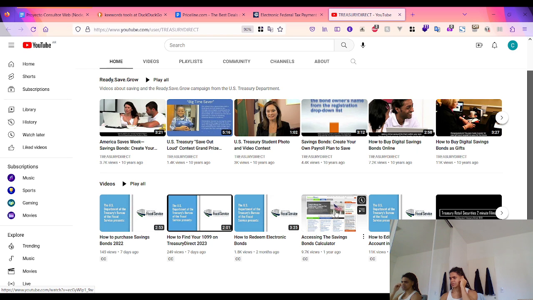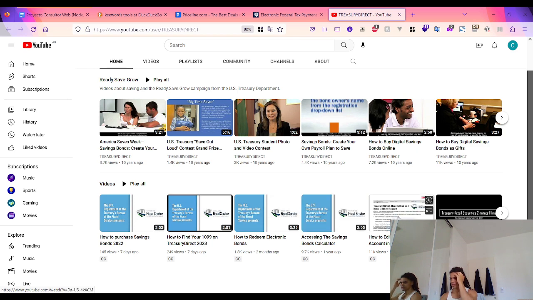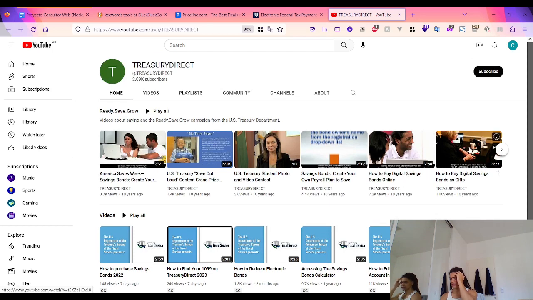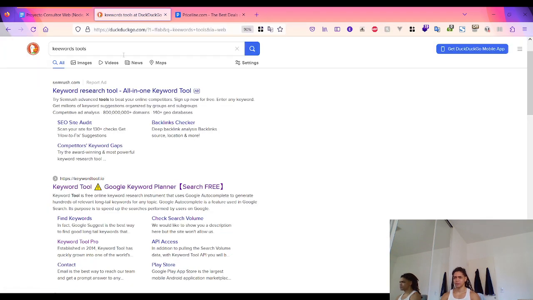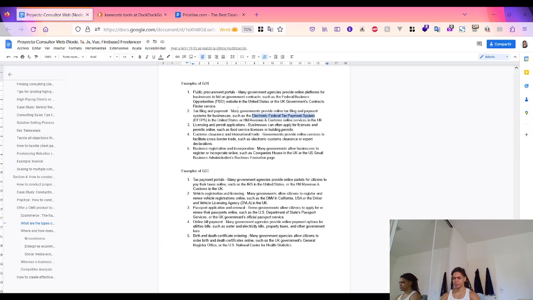How to access the savings bond calculator, how to edit your bank account in Treasury Direct. How to buy digital savings bonds as a gift. Oh my god. What? Okay. There is a reason why a lot of people barely pay attention to this.